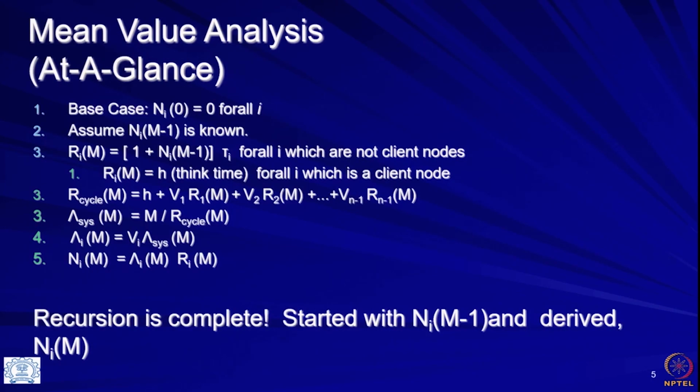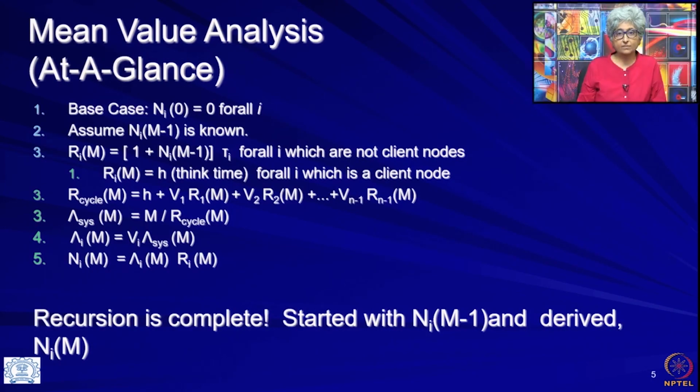So, this is again the algorithm itself, the mean value analysis recursion itself. The base case is that when m is equal to 0, it means there is no request in the system. Obviously, the average number of customers at each queuing node is going to be 0.